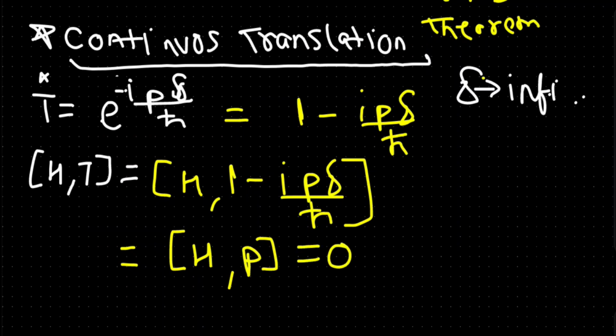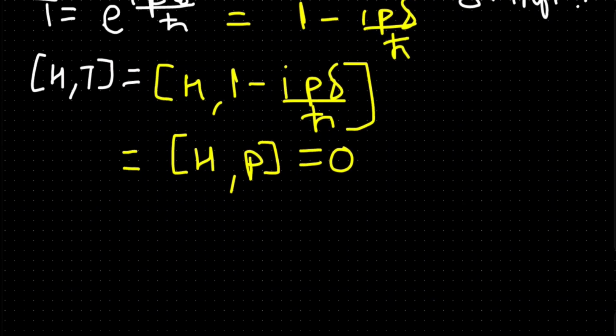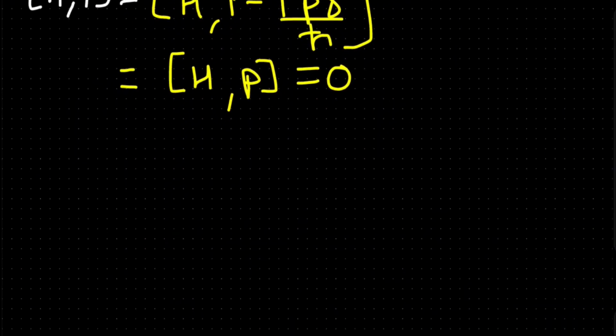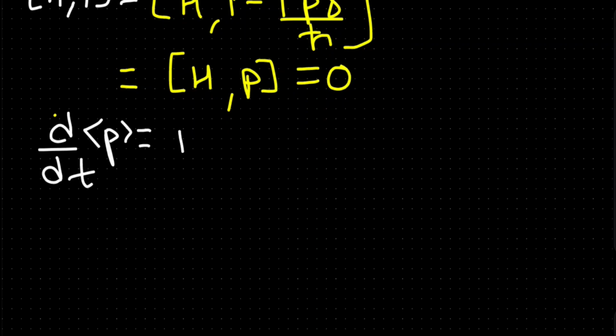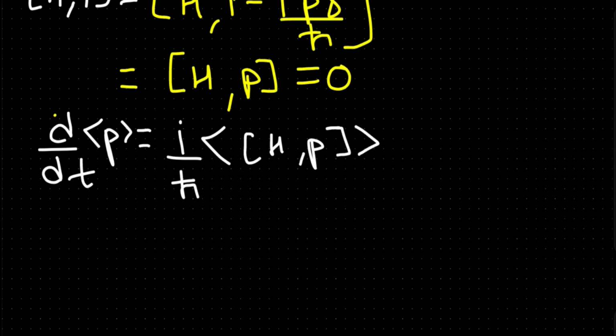And this is very important. How? Because let me remind you that d by dt of the expectation value of the momentum operator is equal to negative iota divided by h bar times the expectation value of the commutator of the Hamiltonian and the operator. This was the generalized Ehrenfest theorem.